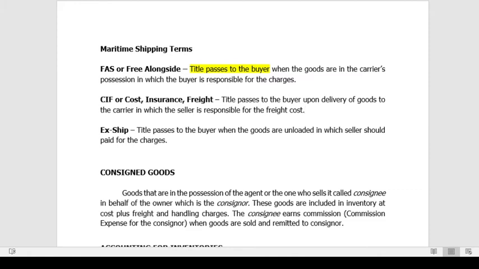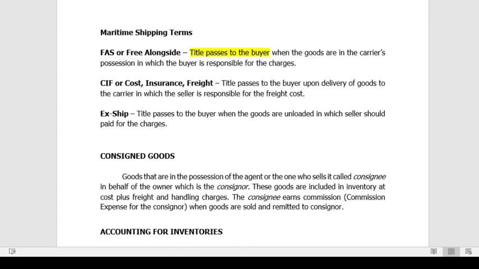Kasi kung nakanino ang ownership, dapat nandoon ang reportorial requirement for the inventory. Sino magre-report ng inventory in the financial statement? Kung sino yung may-ari at that time na sinasabi doon sa end ng period. Okay, next.